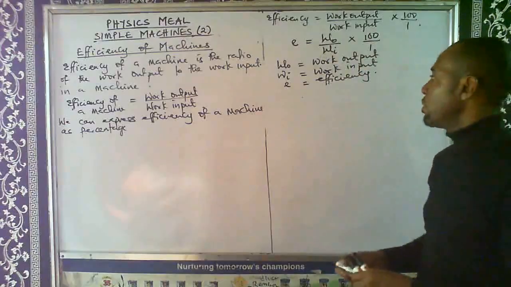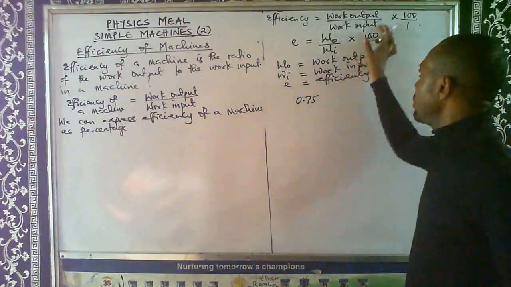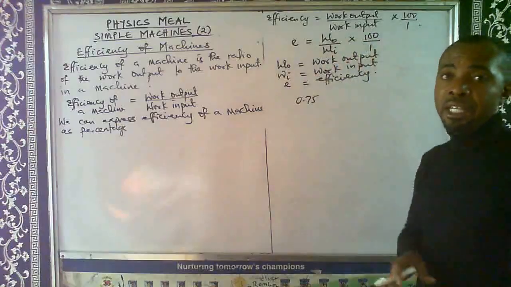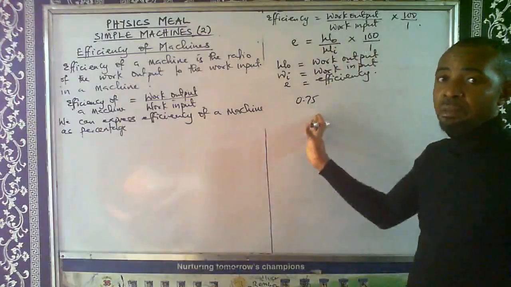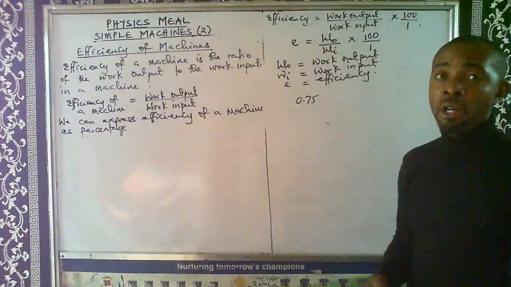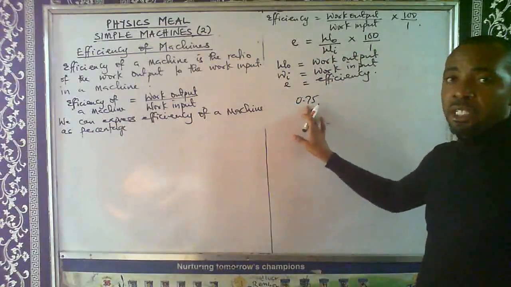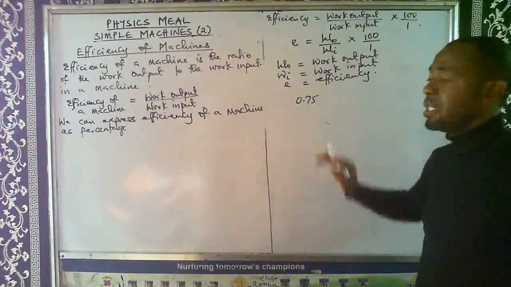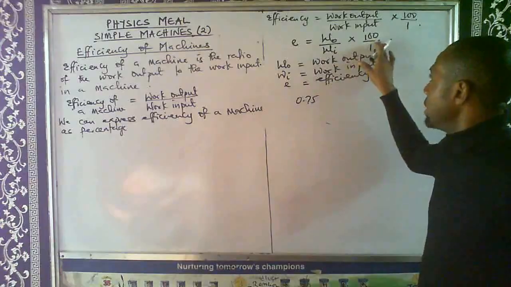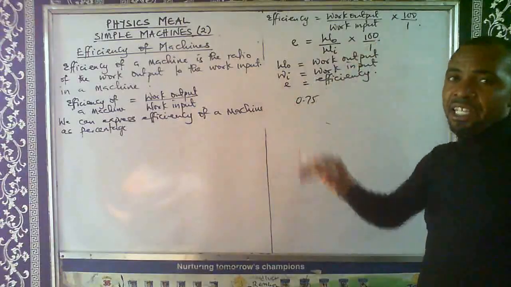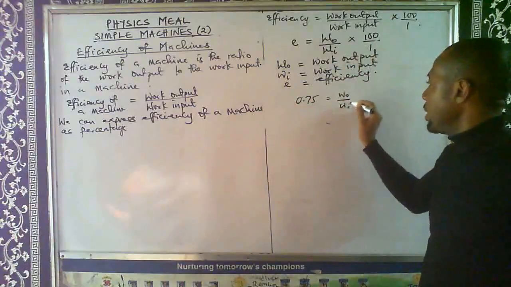For example, if you are told that the efficiency of a machine is 0.75, this 100 will not appear in the expression, except you first change this 0.75, which is in decimal, to percentage. If you want to do the calculation using the decimal, this 100 will not appear; all you need is work output over work input.